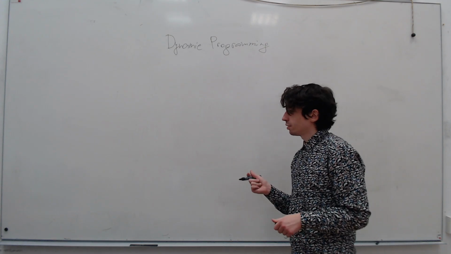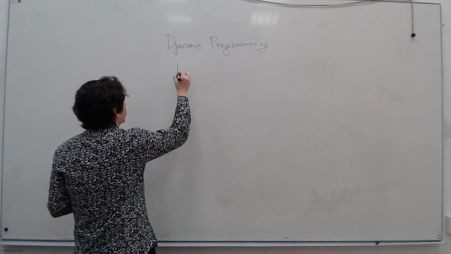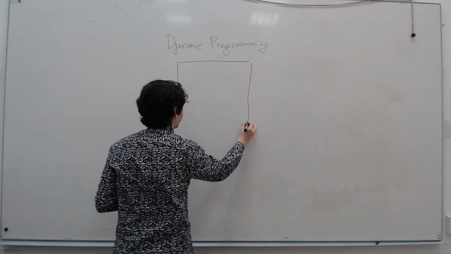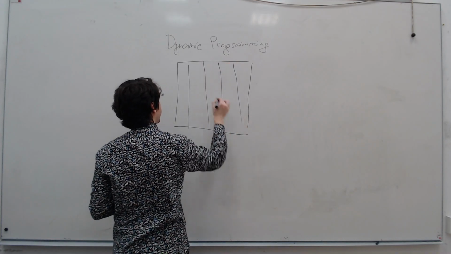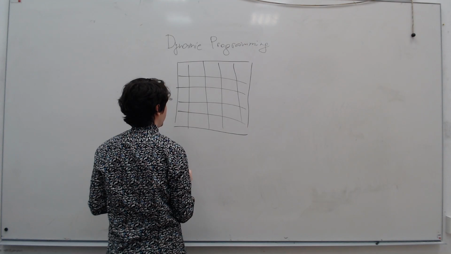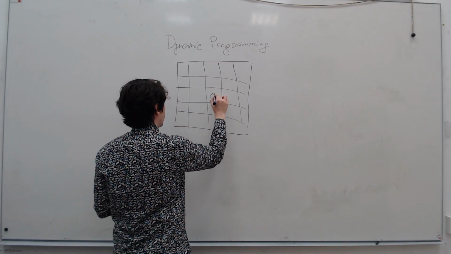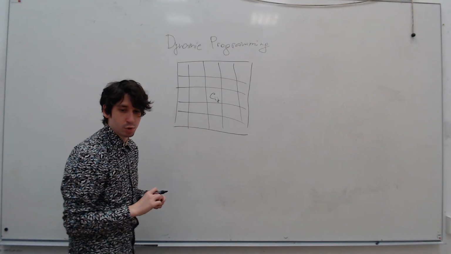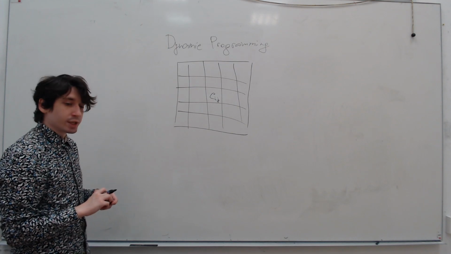Okay, so the next question is the following. You have a rectangle, and in each cell, again, there is written the number of coins we should pay or should be paid if we step on this cell.